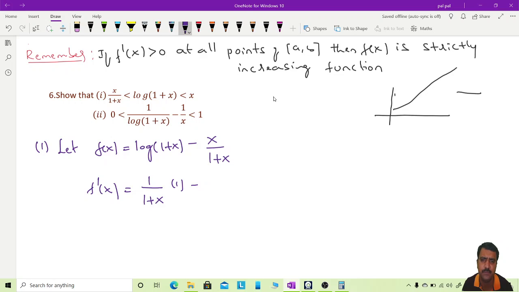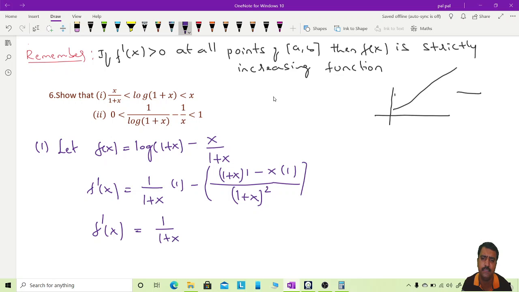To differentiate this x by 1 plus x, you use the quotient rule, that is denominator into differentiation of numerator x, minus numerator into differentiation of denominator x plus 1, divided by denominator squared. So f dash of x is 1 by 1 plus x minus, this is 1 plus x minus x, divided by 1 plus x whole square.